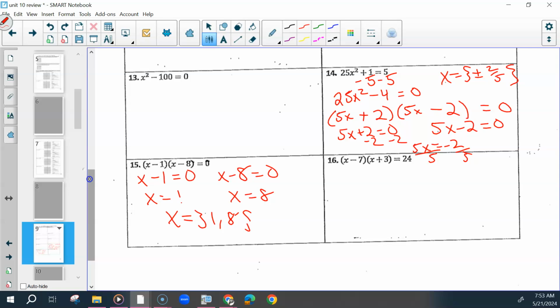Number 6, or page 6. Oh, yeah. Number 6 on page 7.